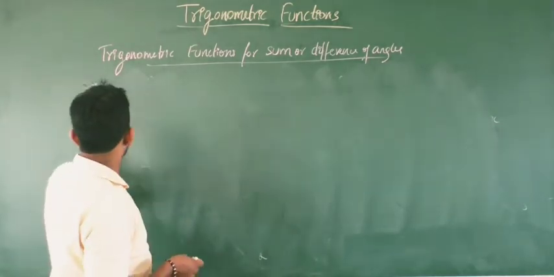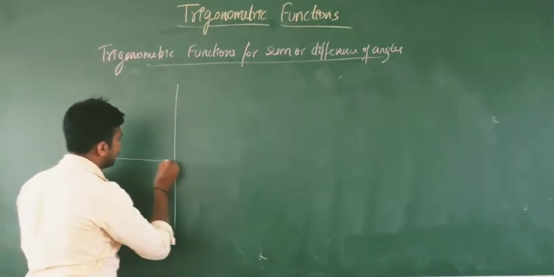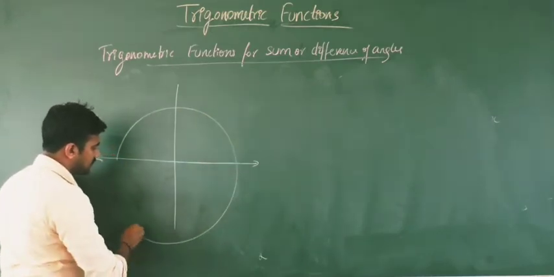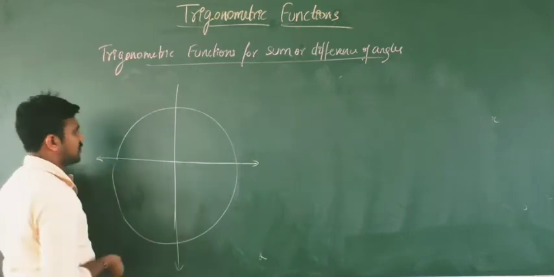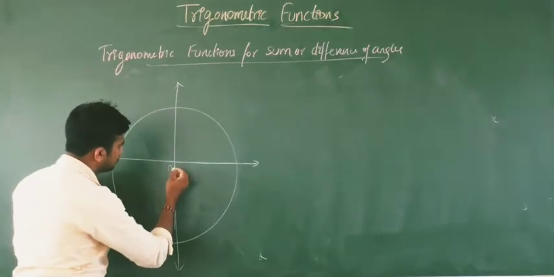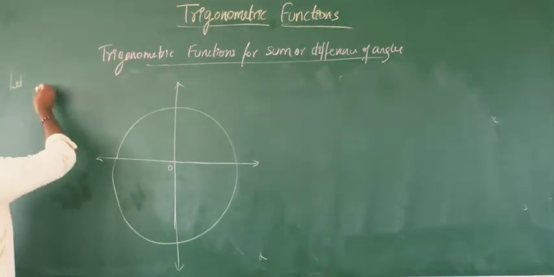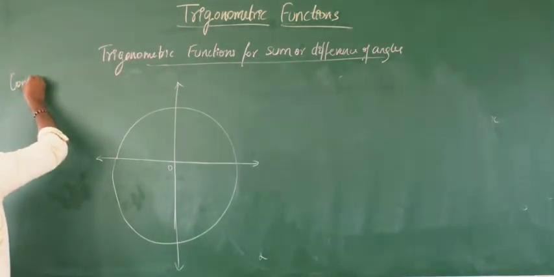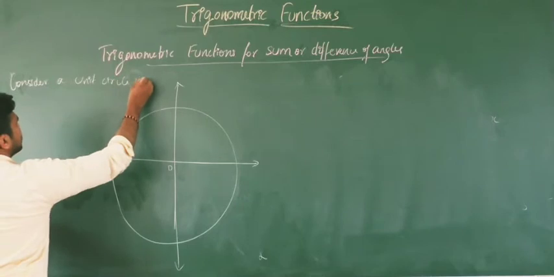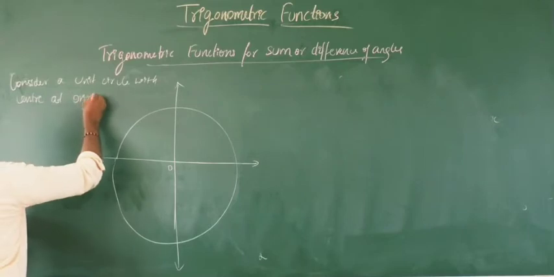For that we need to consider a unit circle in a plane whose center is at the origin. Like this, it is a unit circle. This is the origin O. Let's consider a circle, a unit circle, with center at origin.